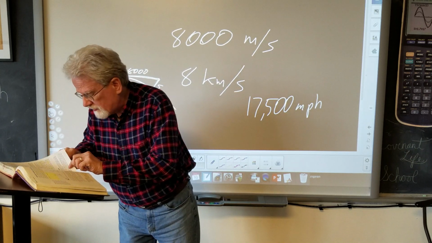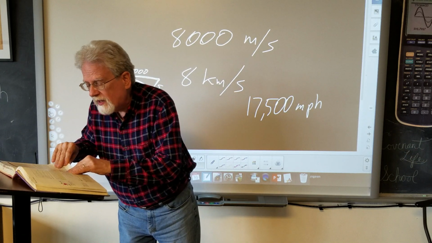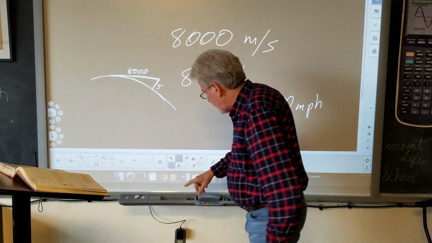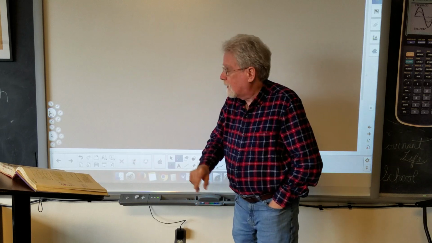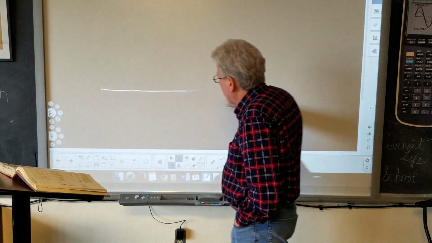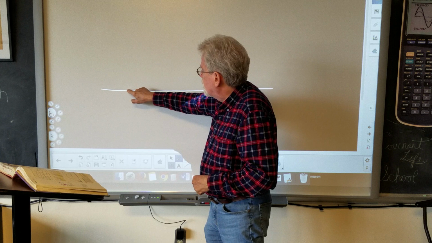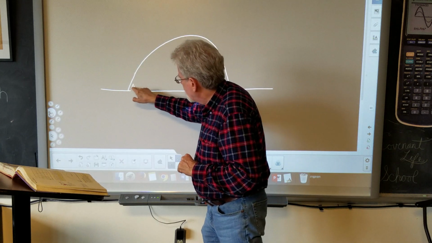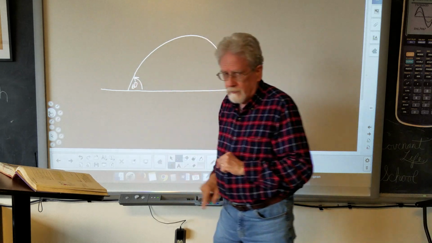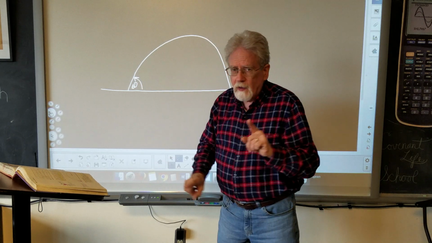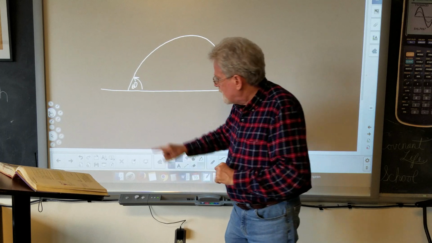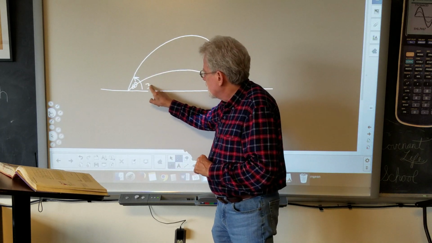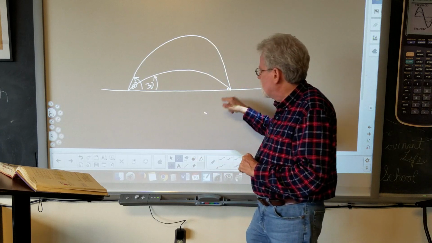I'm skipping ahead now to page 182, where he raises that very interesting point that we've discussed in class extensively, and that is that if you fire an object at a given speed at, say, a 60-degree launch angle, and you fire another object at the same speed at a 30-degree launch angle, they will hit at the same spot.